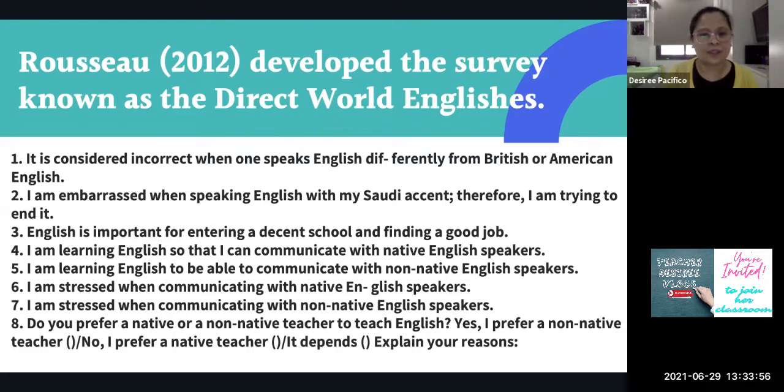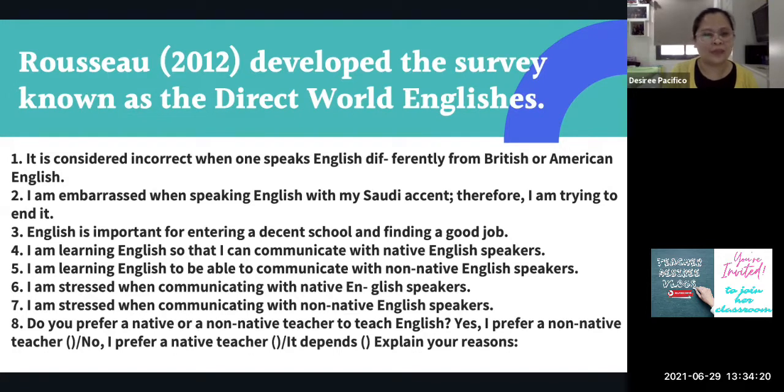The first one: it is considered incorrect when one speaks English differently from British or American English. So the participants need to answer if they think it's incorrect if a speaker's English is not from British or American English.